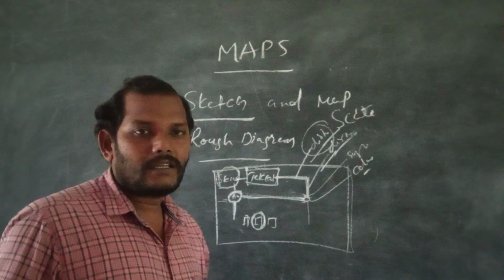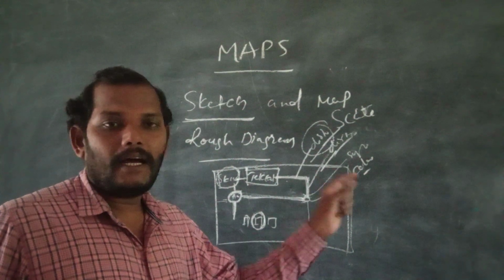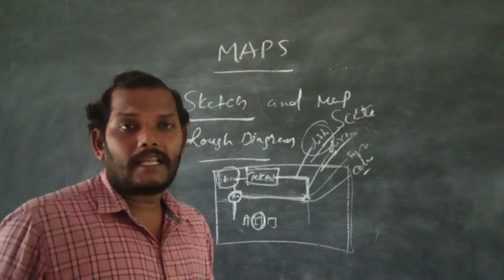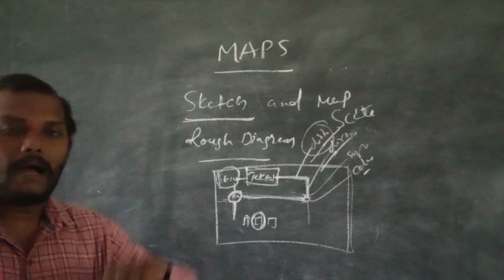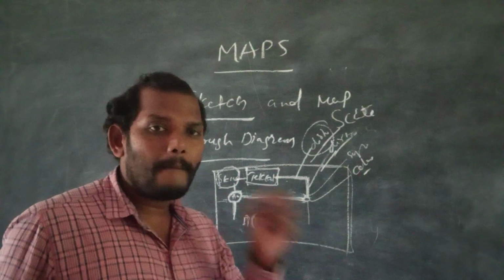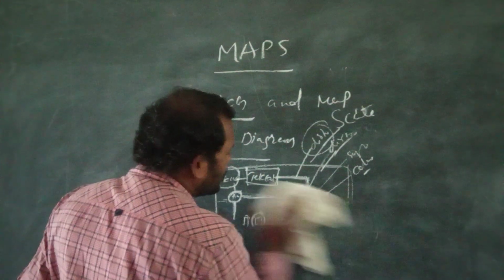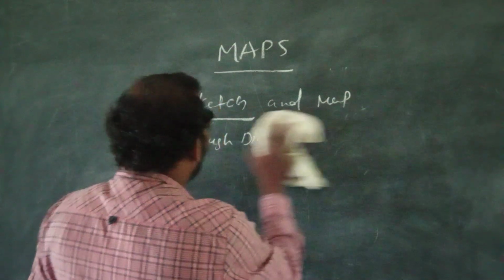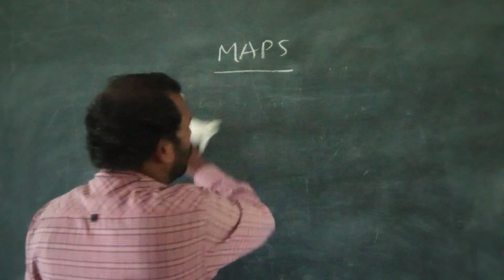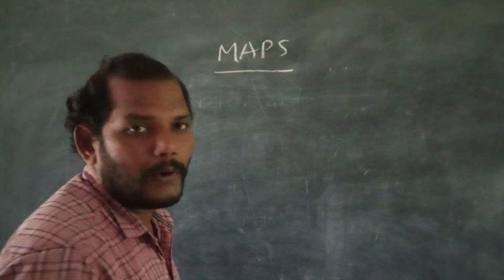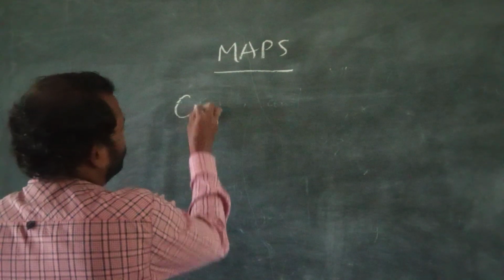Like scale, directions, and the symbols and the colors used in the map. Okay. Now we are going to discuss those areas. These are all called the components of the map.